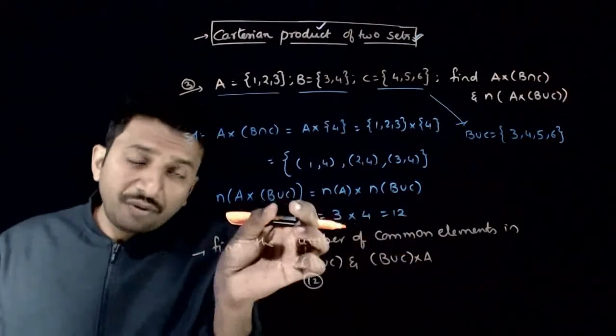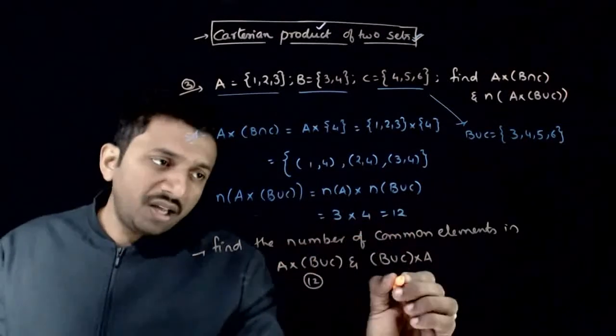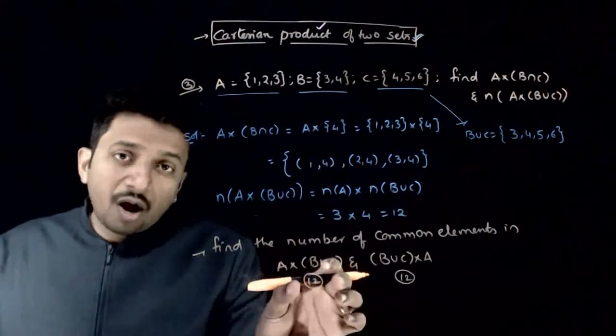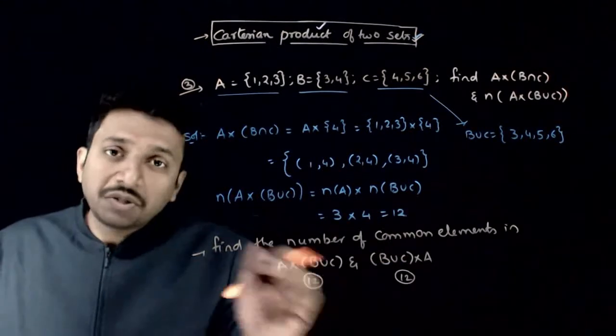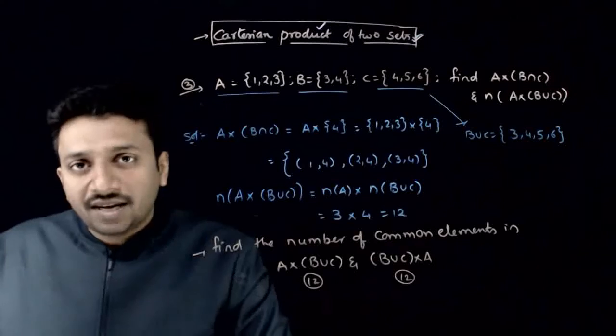And obviously if you reverse this, (B ∪ C) × A also contains 4 into 3, 12 elements. Now the question is, how many of these two elements are common? So find the number of common elements in this and this.